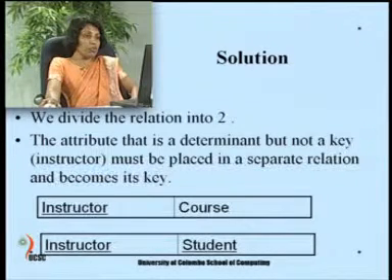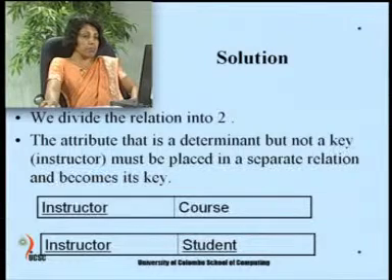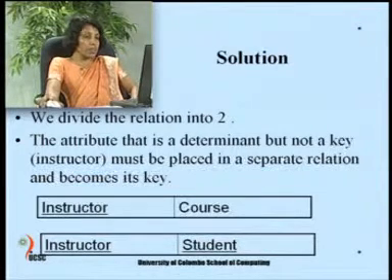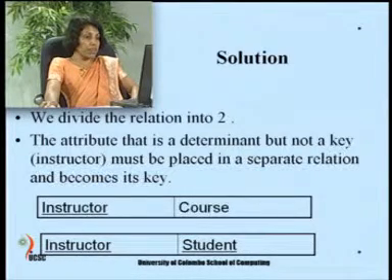So, the solution would be to divide this relation into two. Here I have decomposed that into two relations, instructor-course and instructor-student. So, the situation is that the attribute that is a determinant but not a key must be placed in a separate relation, and then that should become a key in that relation.